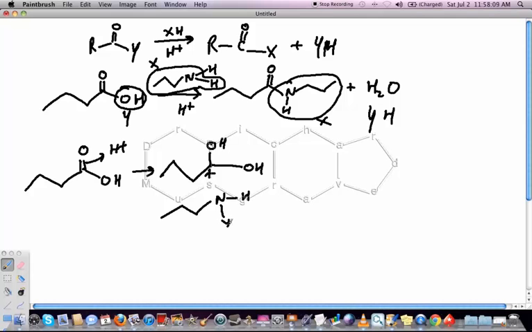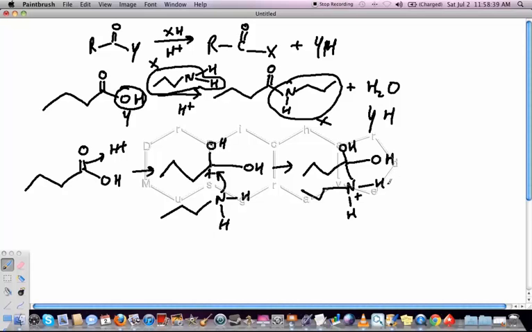That's the one that ends up attacking. There we go, and attacks the C plus. And that leaves a positive charge on nitrogen.